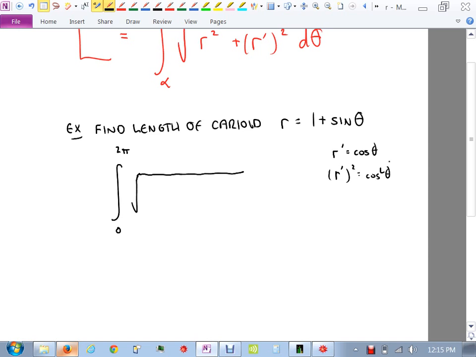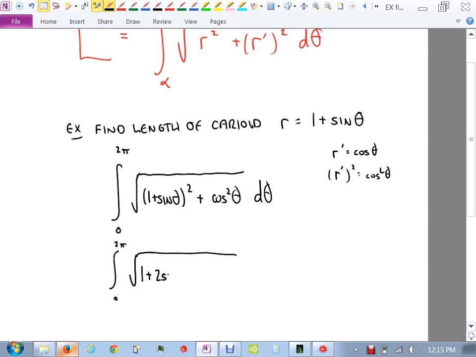So in my formula, I have r squared, which is (1 plus sine theta) squared, plus the derivative squared, cosine squared theta, and then d theta. What is (1 plus sine) quantity squared? 1 plus 2 sine theta plus sine squared theta plus cosine squared theta, d theta.